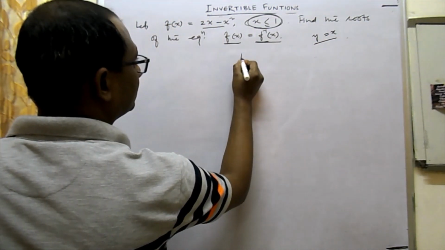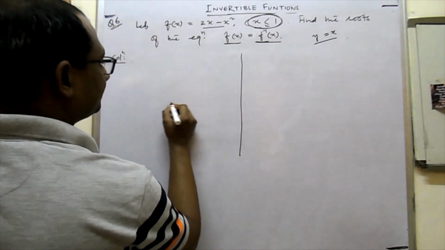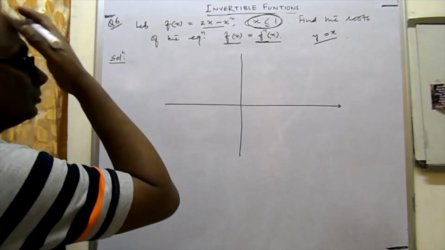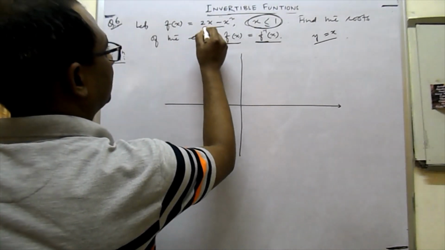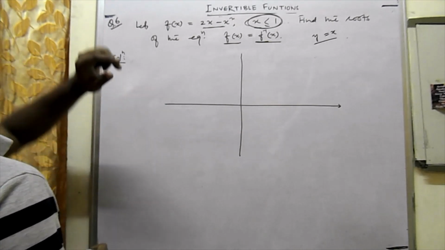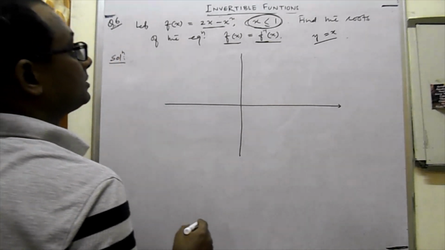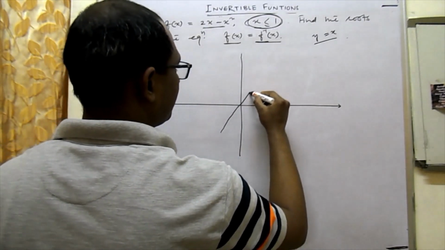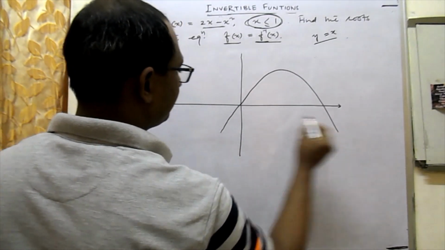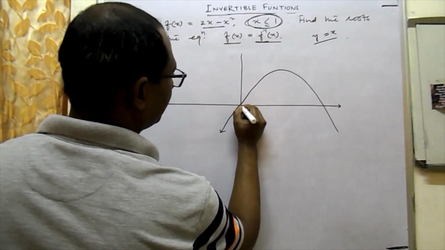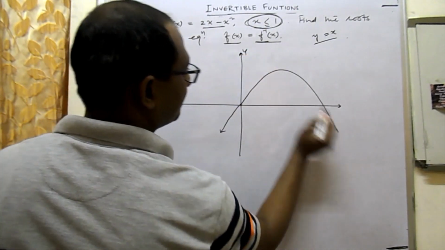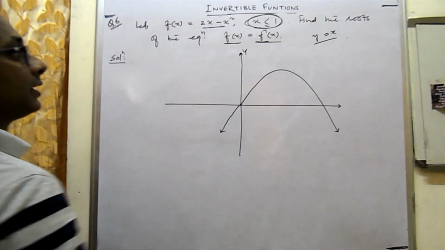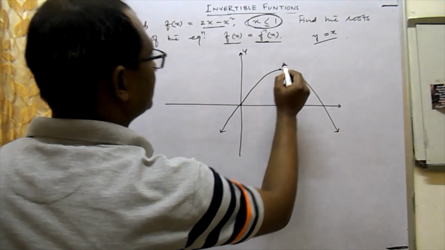Okay, go for a graphical approach. We'll try to draw the graph of it. It's concave down, passing through the origin. We'll try to find out the highest point.